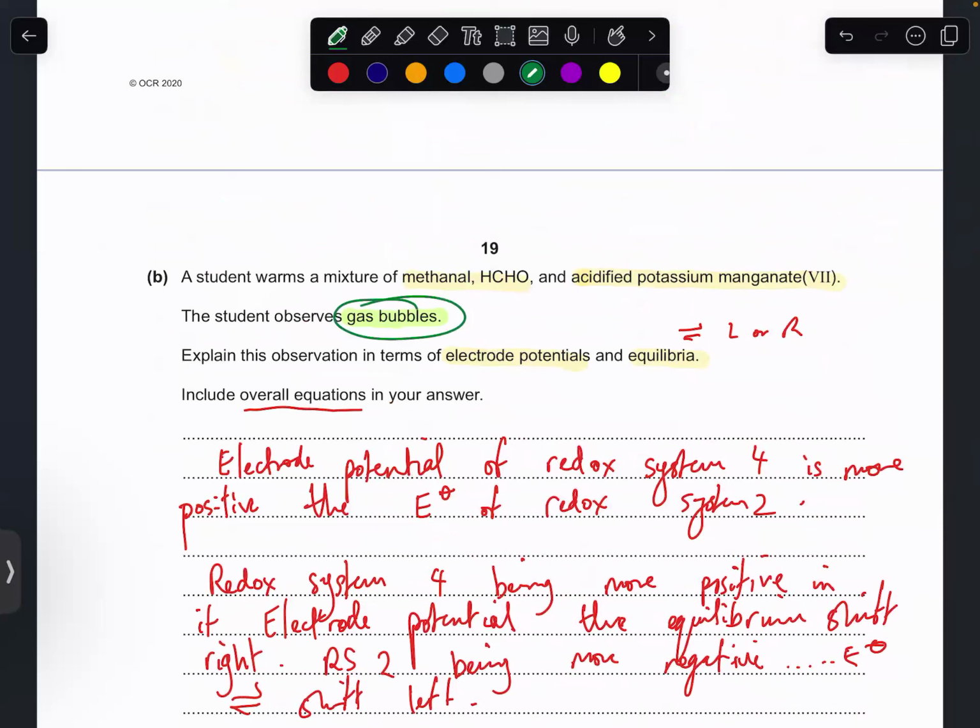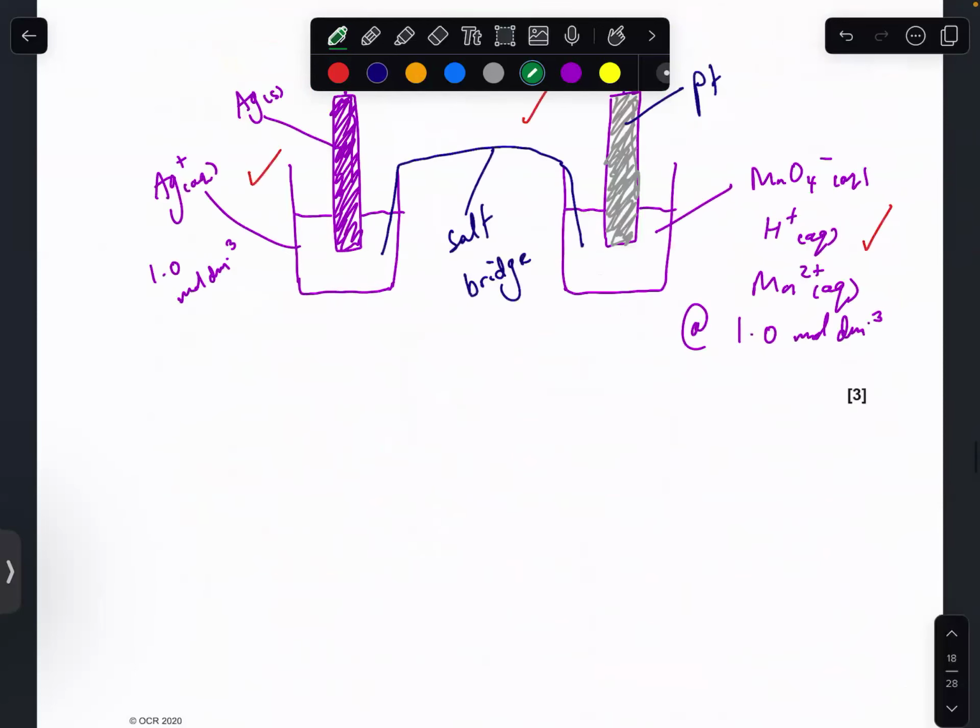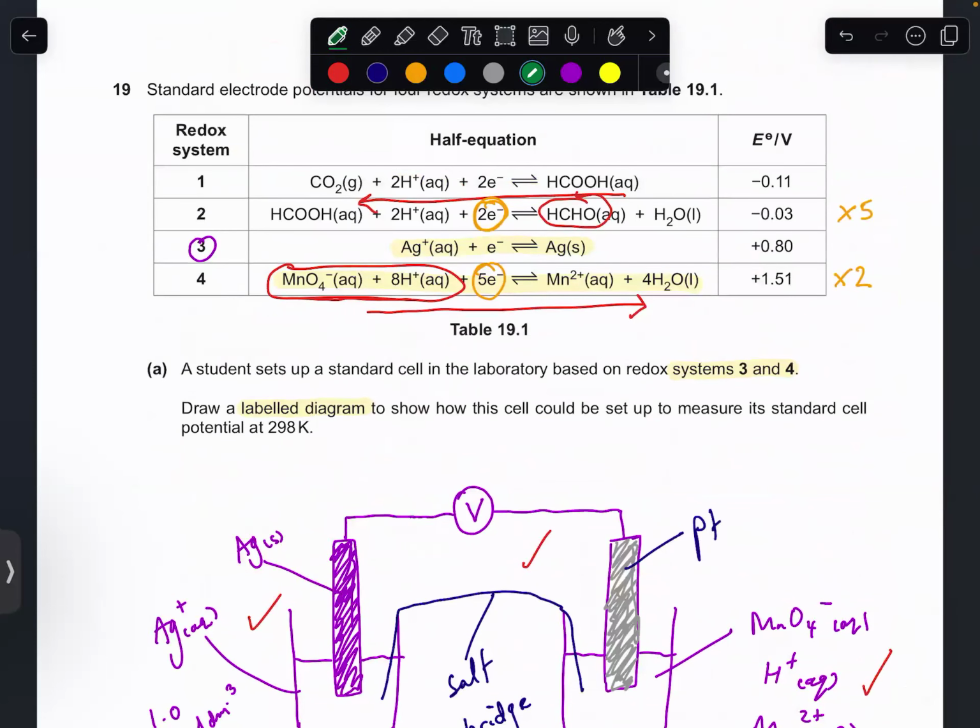Now, the thing is, we've not explained the gas bubbles. Where have the gas bubbles come from? Can you see, ladies and gentlemen, that when you're in this reaction, this is going to produce some methanoic acid. And so the acidified potassium manganate solution is also going to react with methanoic acid.